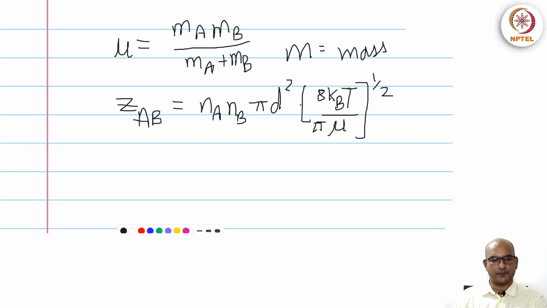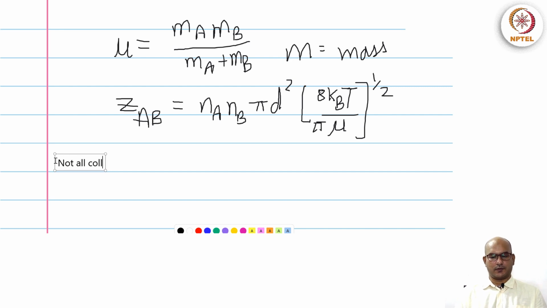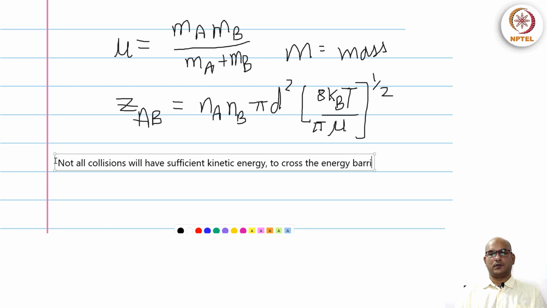So for now, if we have this reaction A plus B giving some product, not all the collisions will lead to product, because not all collisions will have sufficient kinetic energy to cross, for example, the energy barrier related to rearrangement of the valence electrons.